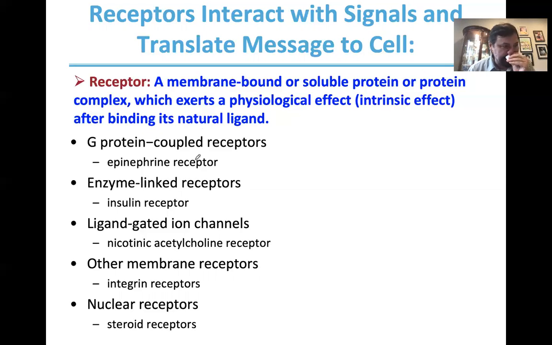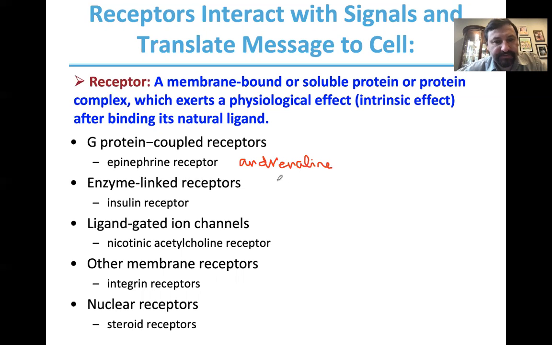We know that the epinephrine receptor is present in many different tissues, many different cells in the body, right? Epinephrine is also known as adrenaline. Let's write this down. So you can hear about this receptor using two different terms. Adrenaline.